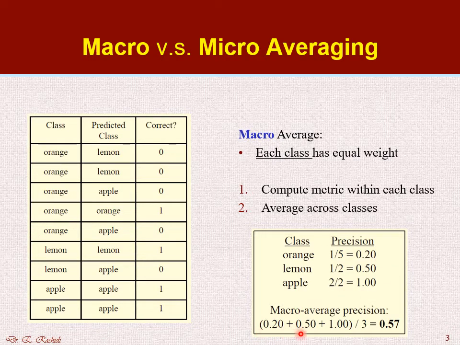All of these classes get the equal weight of 1. So we add the precision values up and then divide by the number of classes that we have, which is 3. So the macro averaging would be the summation of the precision scores divided by 3, which is 57%. So that's the macro averaging score for this classification problem.